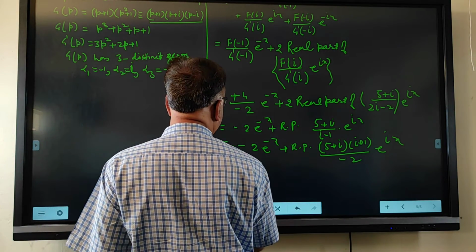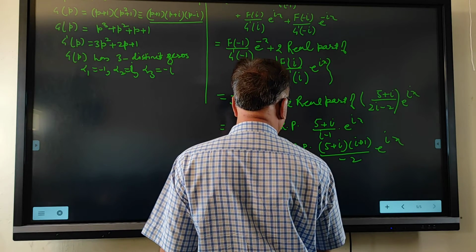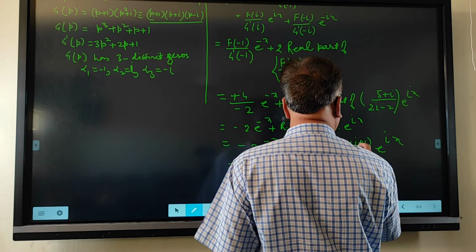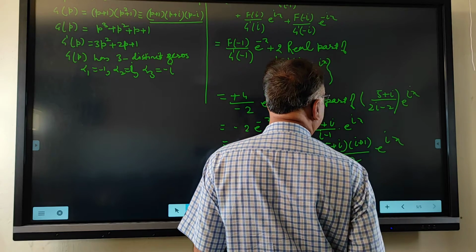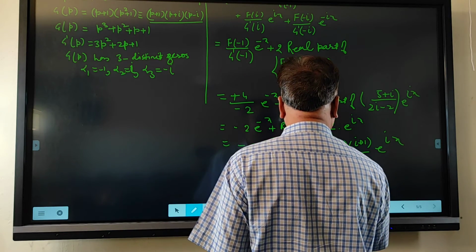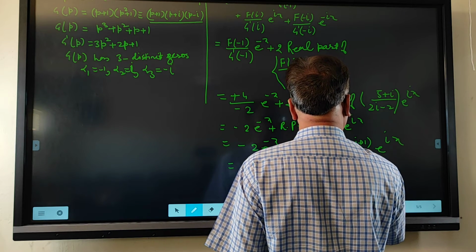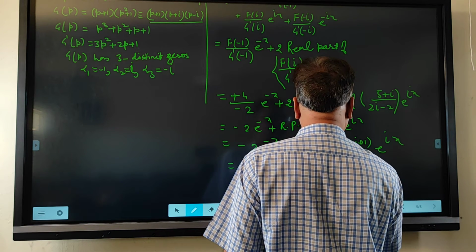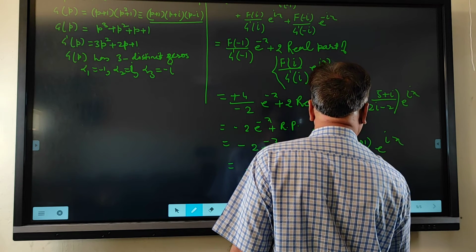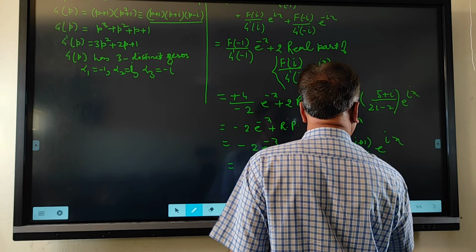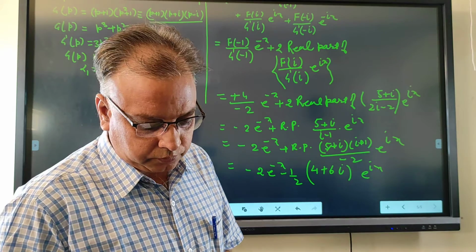Or slightly solving this one, we get 2e^(−x) minus 1/2 of (5i + 5 + i² + i), that is (4 + 6i) into e^(ix).